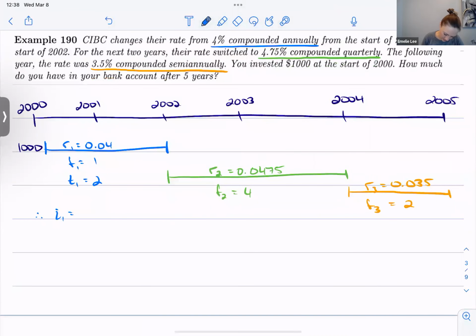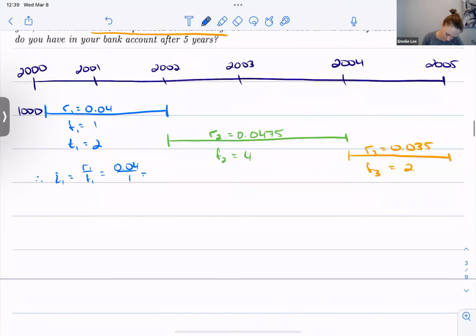Therefore, I1 is going to be R1 over F1, which is 0.04 divided by 1, which is 0.04. N1 is T1 times F1, which is 2 times 1, which is 2.